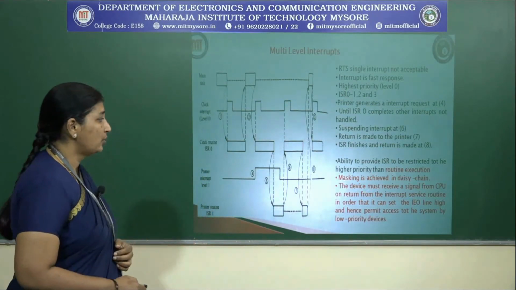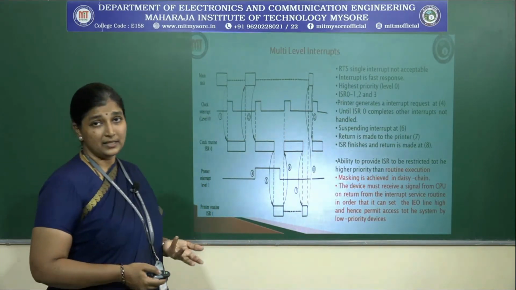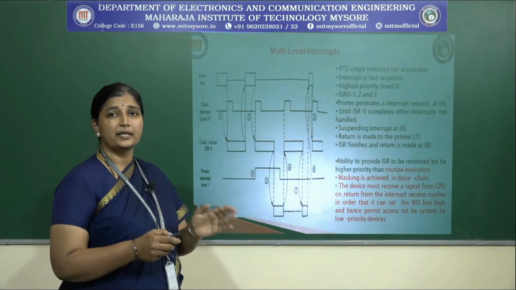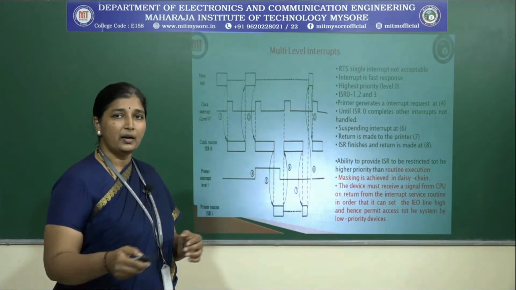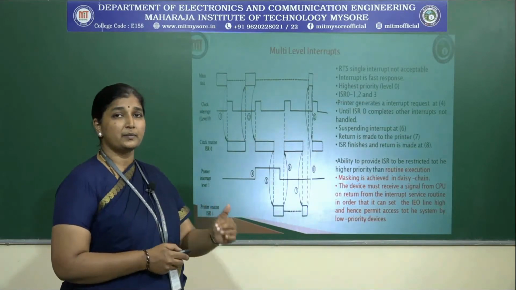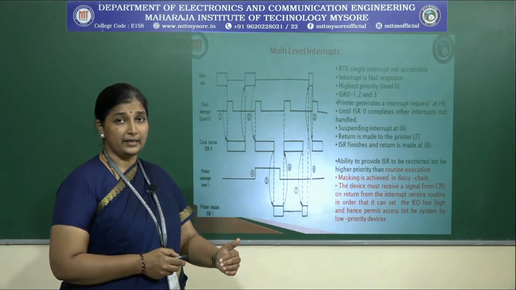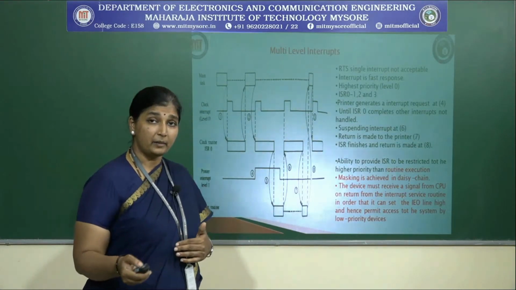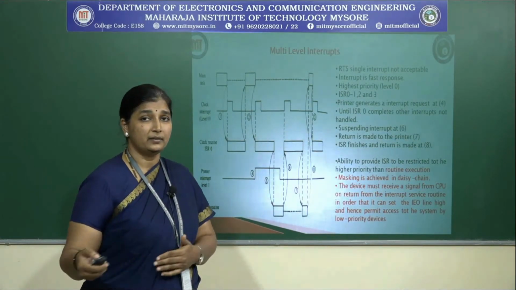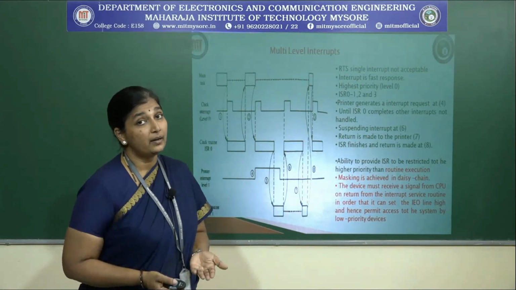So masking is achieved in a daisy chain because it is going to suspend any other action and take care of the highest priority interrupt first, and then go back to the lower priority interrupts. That is justified in the case of a daisy chain.